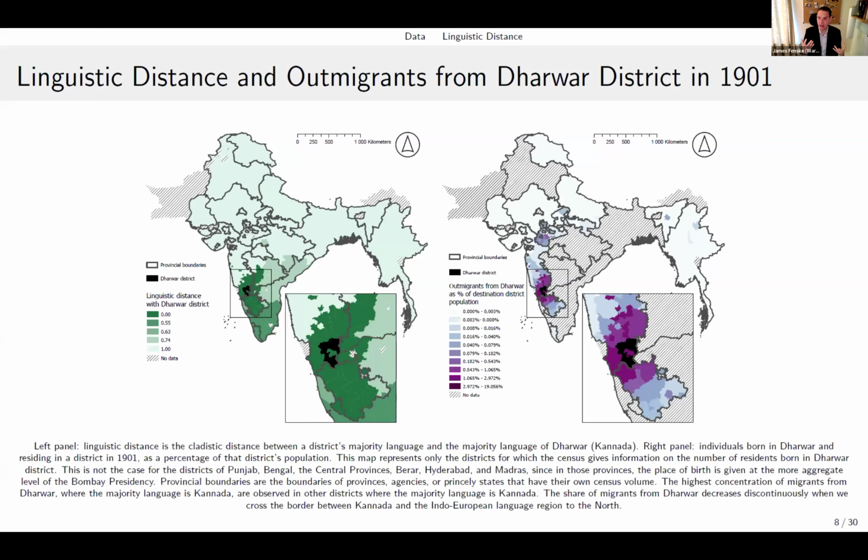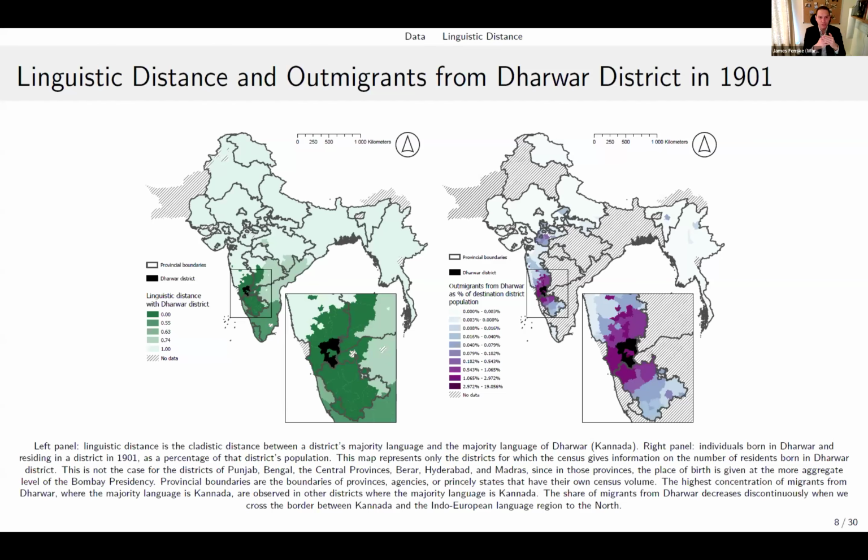And it's a Kannada, or according to the colonial census, Canarese-speaking district, and that's a Dravidian language. And so as you look on the left-hand panel at the districts that surround Dharwad, you're going to see that they have dark green colors, which dark here means less linguistic distance from Dharwad.